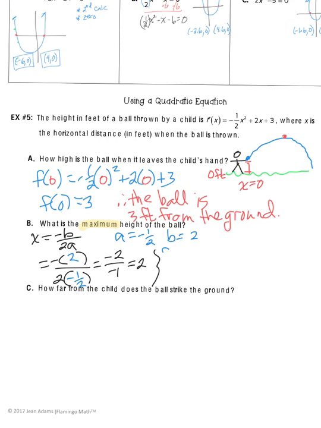So we're going to find f of 2. So -1/2 times, we're going to put 2 into here, and then 2 squared is 4, half of 4 is 2 times a negative, so that's -2, plus 4 plus 3, so f of 2 is equal to 5.